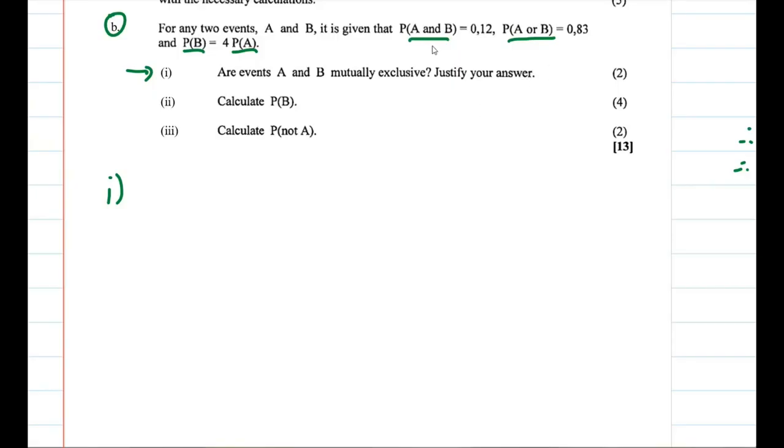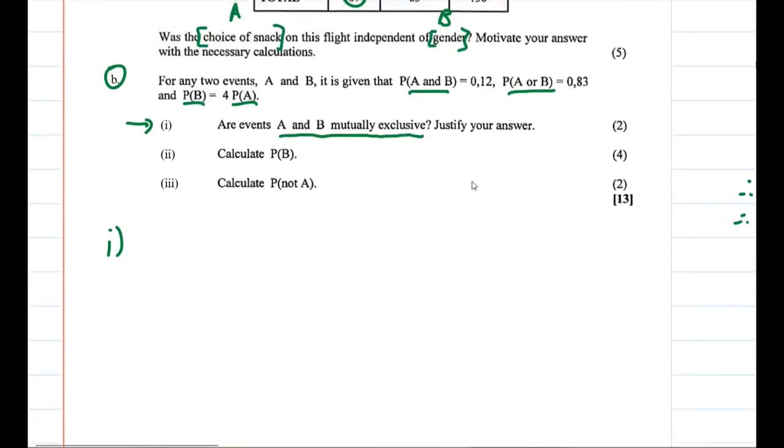Well, let's think about it maybe in an easier way. If two events are mutually exclusive, maybe this would be a little bit easier. Maybe we can leave the probability of B and the probability of A alone for now, because I see they ask it here and they ask something about not A over there. So maybe there's an easier way to think about it.